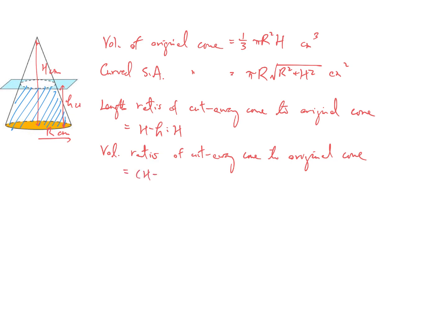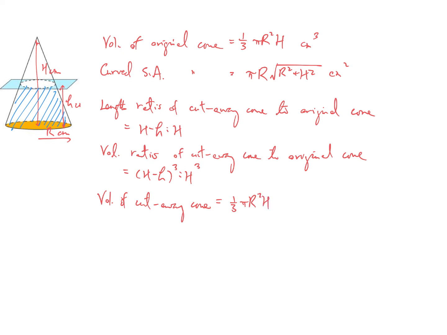Just cube the above length ratio. And therefore, the volume of the cutaway cone is simply equal to the volume of the original cone times the ratio.